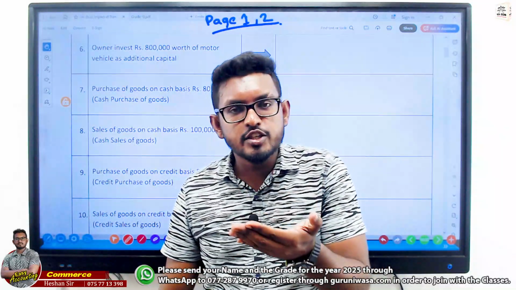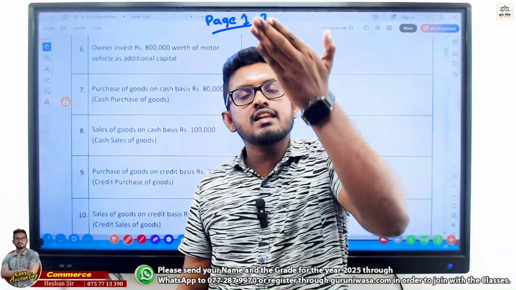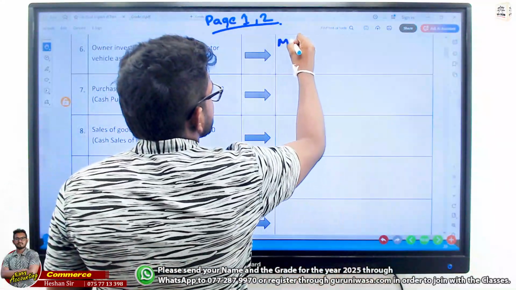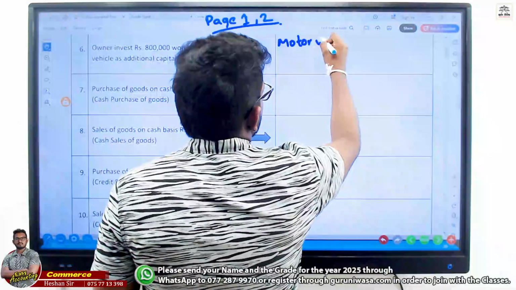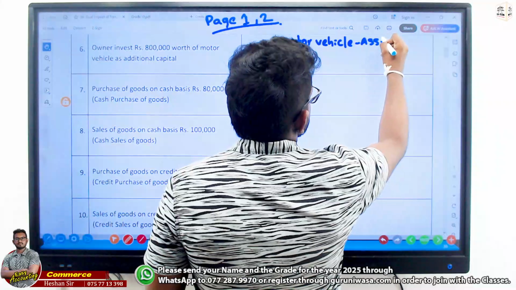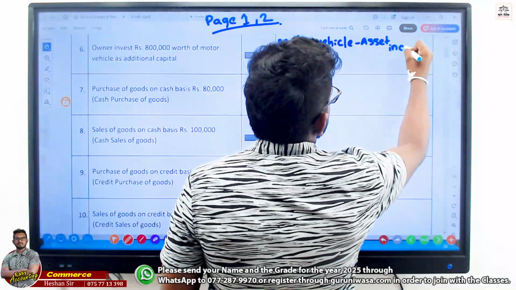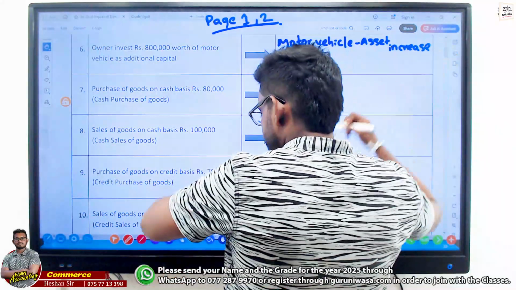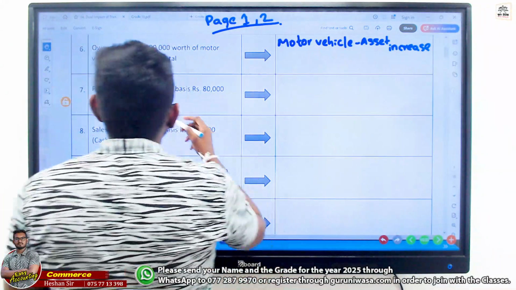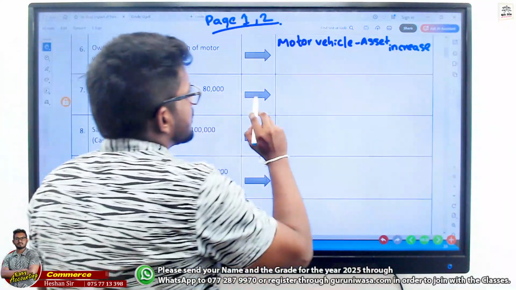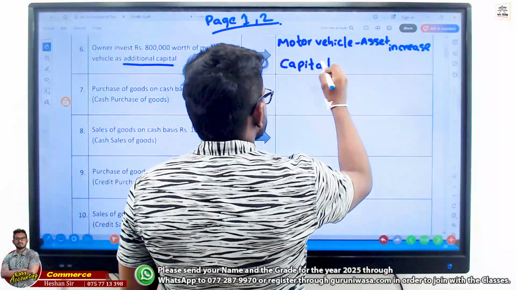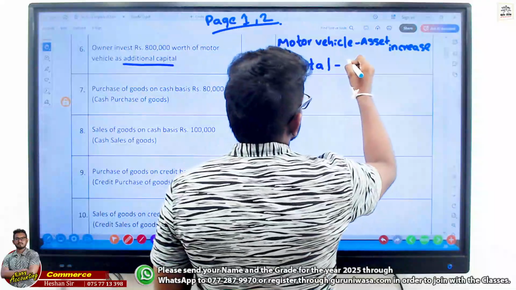When the business receives a motor vehicle, the asset will increase. So motor vehicle asset increase. It was invested by the owner. So when the owner invests something as additional capital or capital, both we call capital.